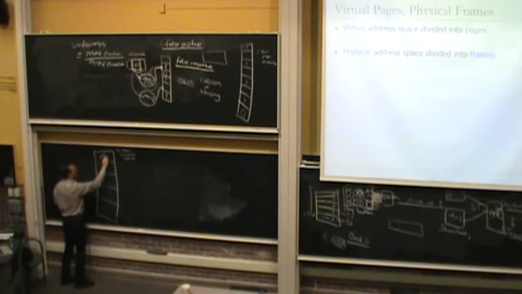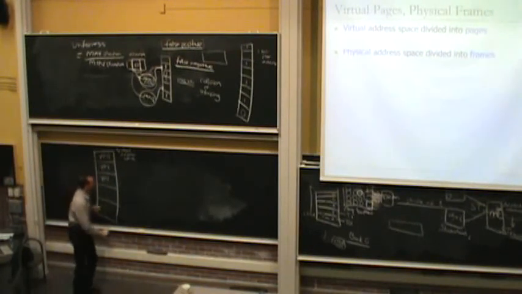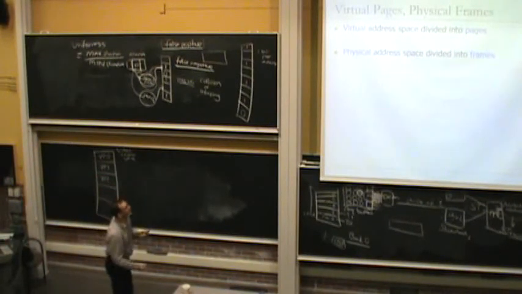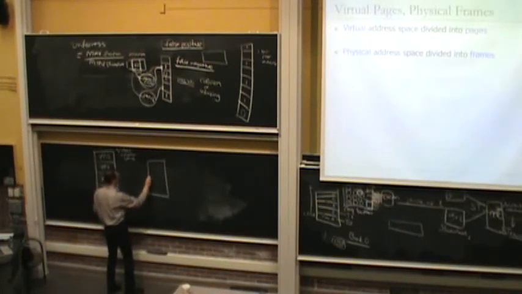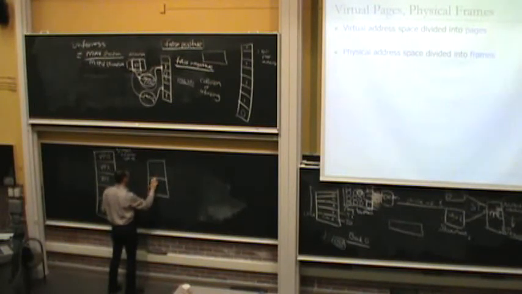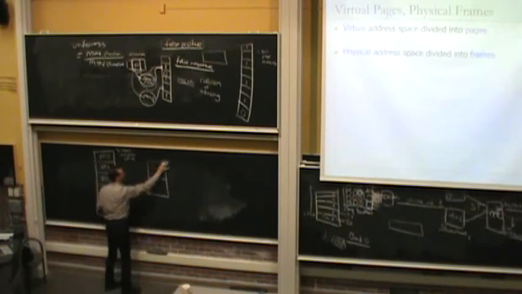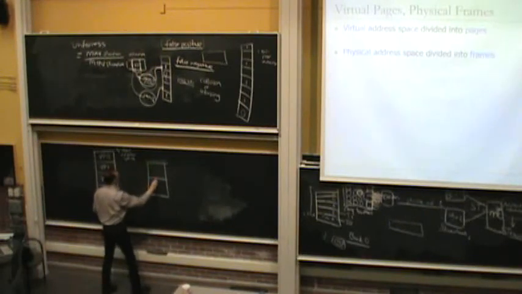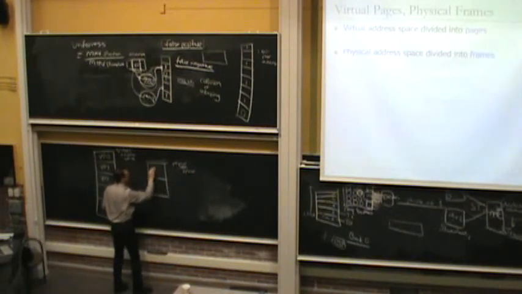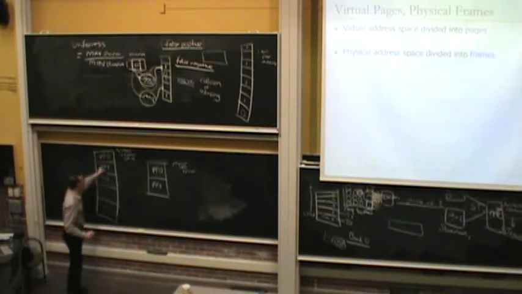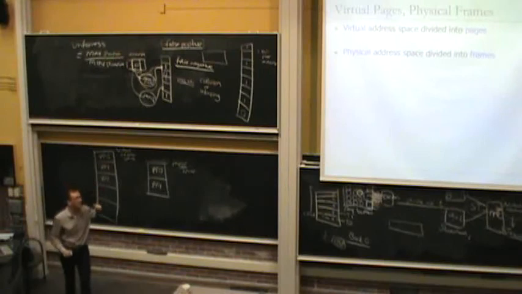Virtual page 0, virtual page 1, virtual page 2. And your physical memory is much smaller, let's say 2 pages here. I did a good job of scaling this. But it's divided into physical frames. Physical frame 0, physical frame 1. And the size of the physical frame is the same size as the virtual page.